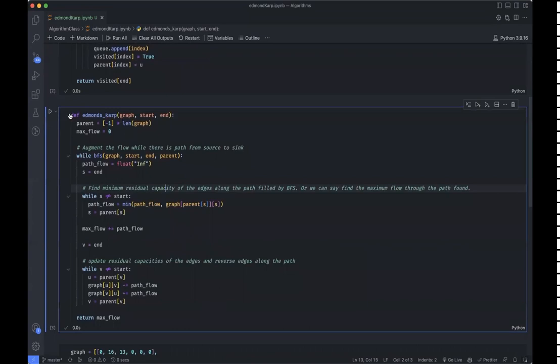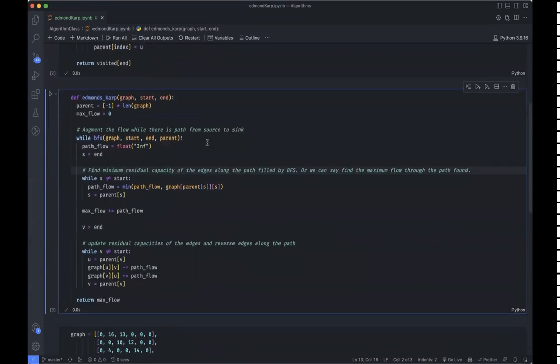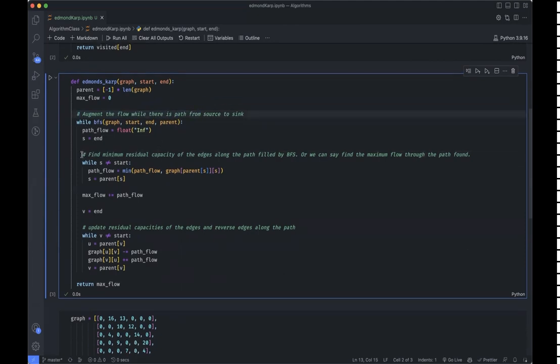The second one is where the main Edmonds-Karp algorithm starts. We start with a while loop where we try to augment the flow where there is a path. If there is a shortest path, then we try to augment that, and we try to find the minimal residual capacity in this particular code.